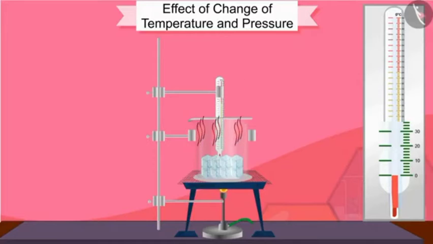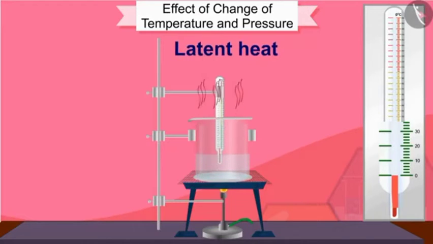As this heat energy is absorbed by ice without showing any rise in temperature, it is considered that it gets hidden into the contents of the beaker and is known as the latent heat. The word latent means hidden.